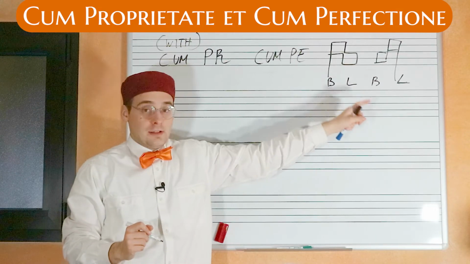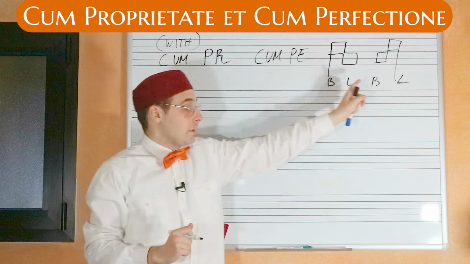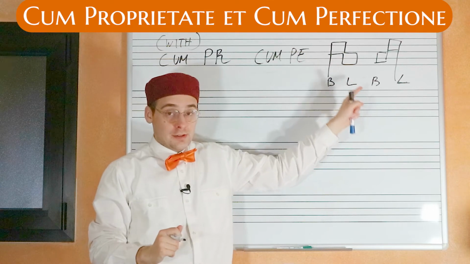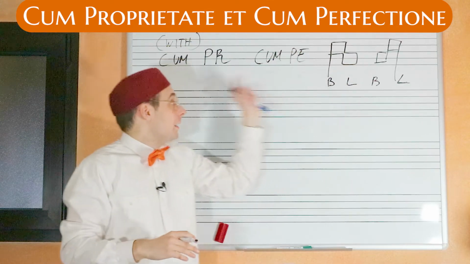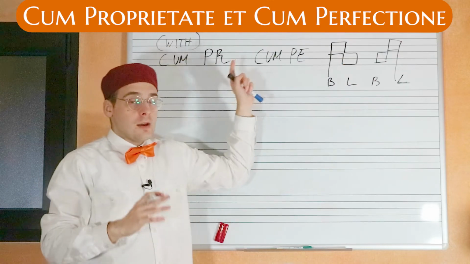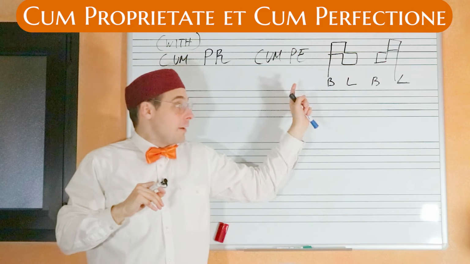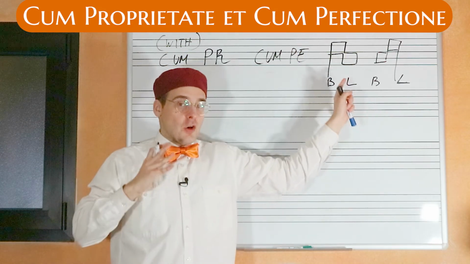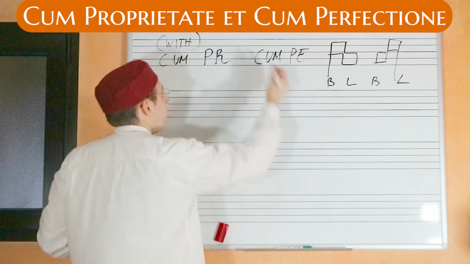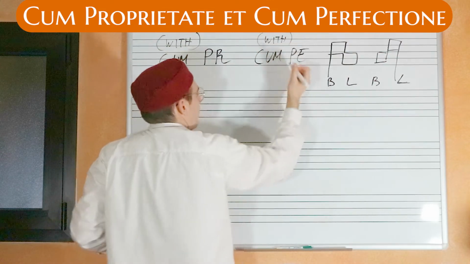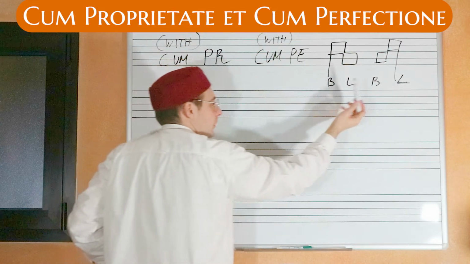In the first case and in the second case, I have cum propietate, because the first note and the second note are brevis, and also cum perfectione, because the perfectio refers to the longa property of the second note. So, with. Perfectio means that the second note is longa.